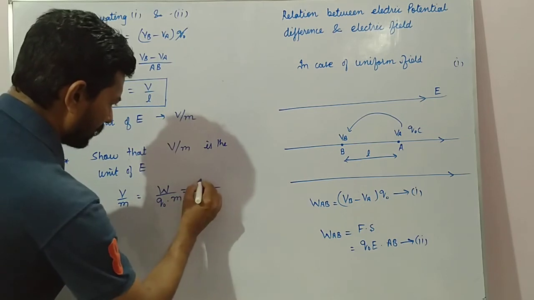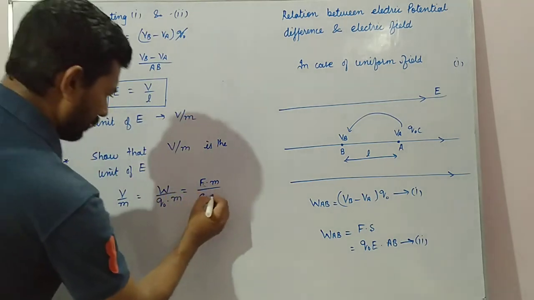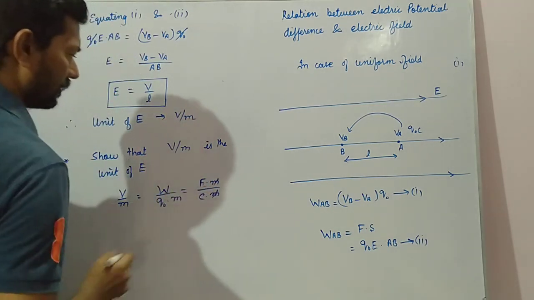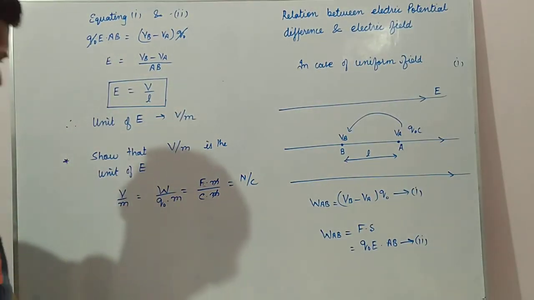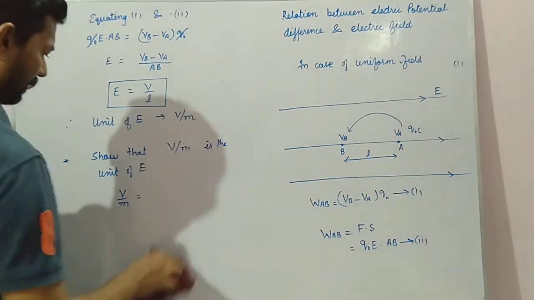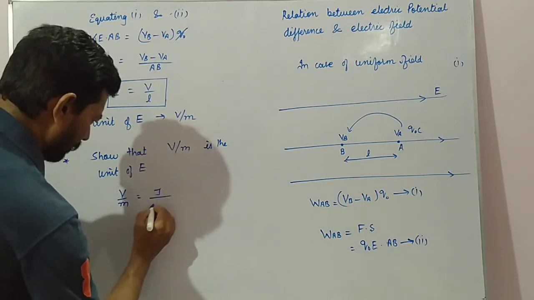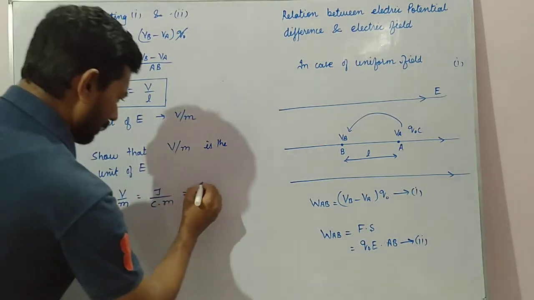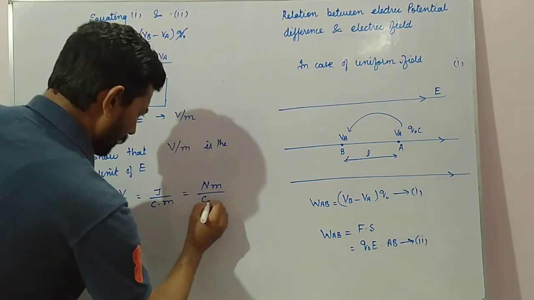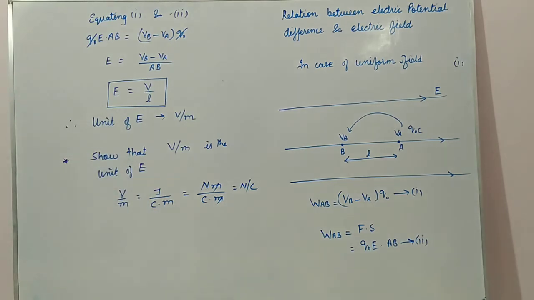Work done, that is force into displacement. Wait, I will write in a better way. Voltage, that is joule per coulomb. Joule per coulomb into meter. Now joule, that is what? Newton meter. Newton meter by coulomb meter. Meter cancels out. Newton per coulomb. Hence volt per meter is the same as newton per coulomb, the unit of electric field.